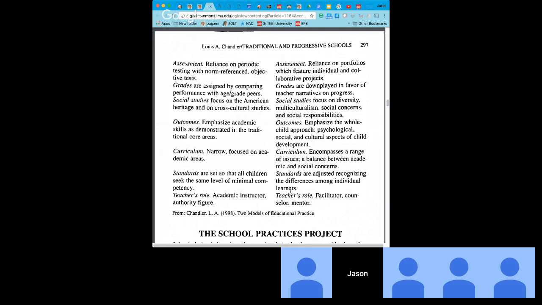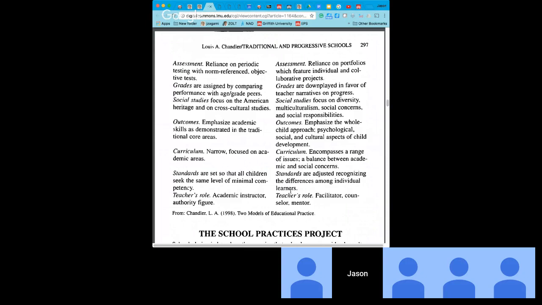Grades in traditional are often used to compare students and to encourage students to compete and to improve themselves in comparison to their peers. While in progressive approaches, they tend to be more narrative-based and talk about students' progress and improvement, regardless of comparison with their peer group.